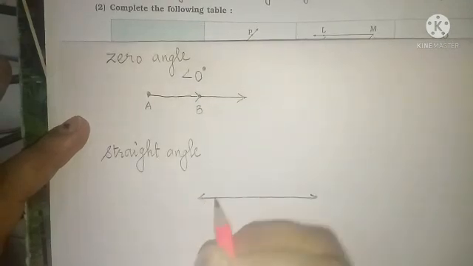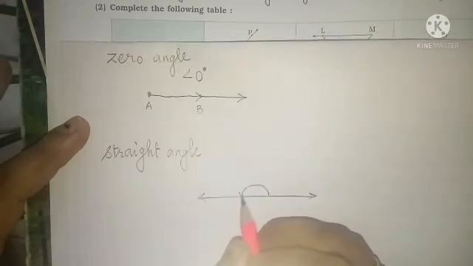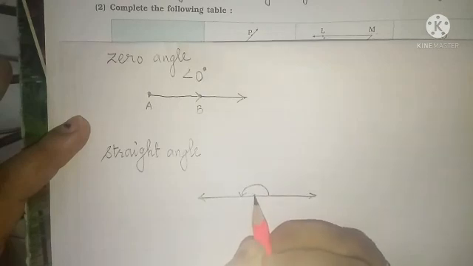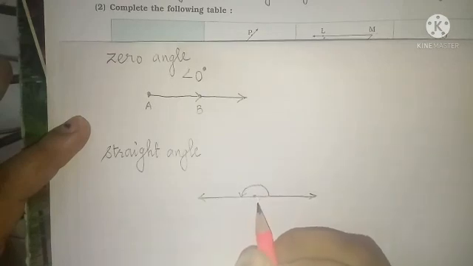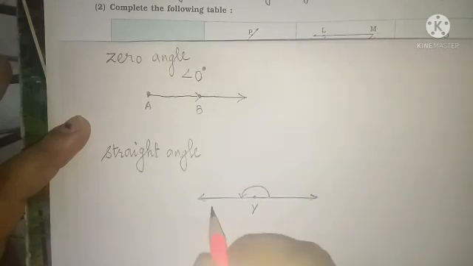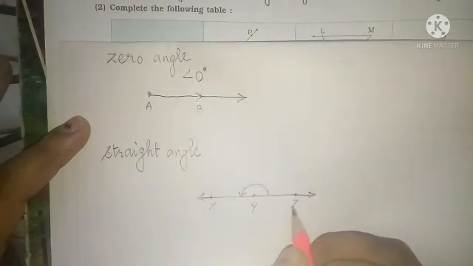You have to keep them in your mind, because sometimes in your exam they give a diagram and ask which type of angle it denotes. So keep in mind the diagram for each of the angles I have explained. Here I have drawn the diagram for the straight angle.